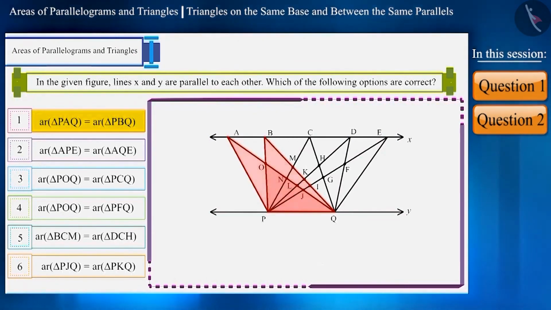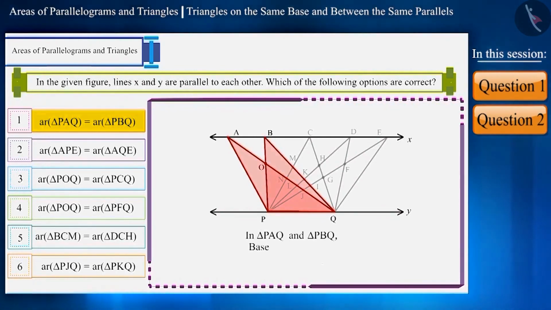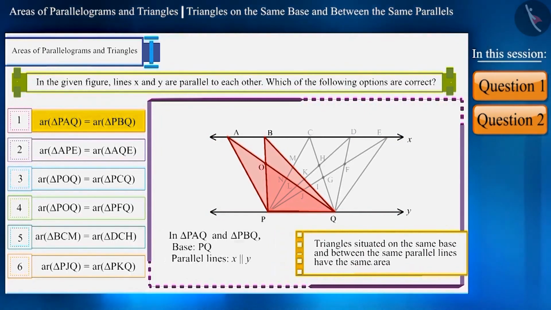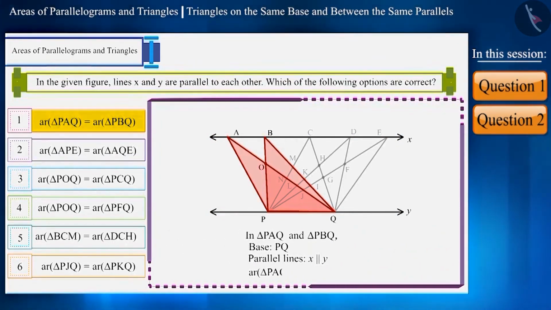We can see that triangle PAQ and triangle PBQ have a common base PQ and they are situated between two parallel lines X and Y. And we already studied that triangles on the same base and between the same parallel lines have the same area. So, the areas of triangles PAQ and PBQ will be equal. Therefore, the first option is correct.